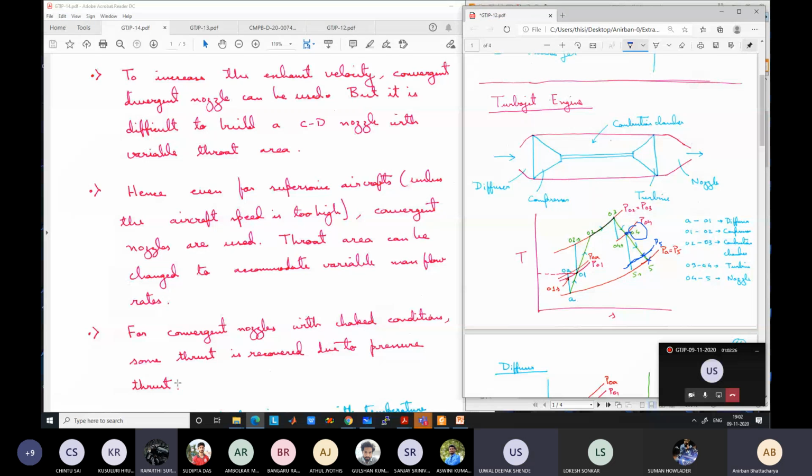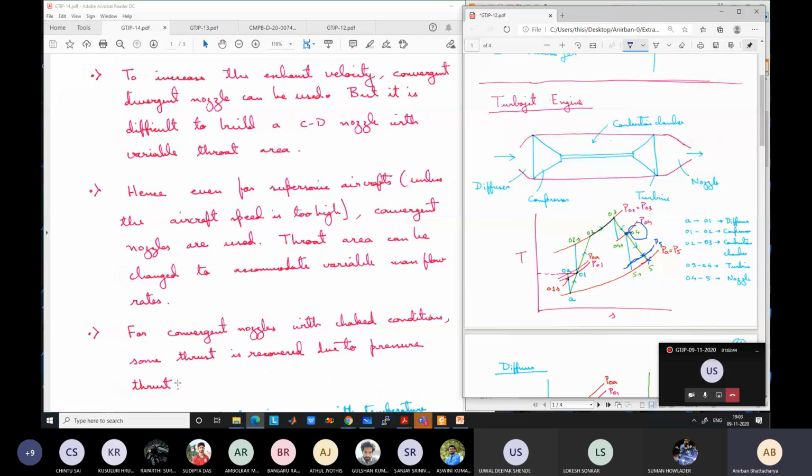The critical velocity. Critical velocity, which is what? Speed of sound, right? What do we mean by critical velocity? Yeah, speed of sound.